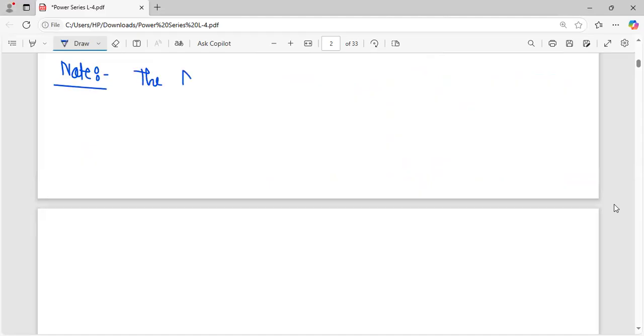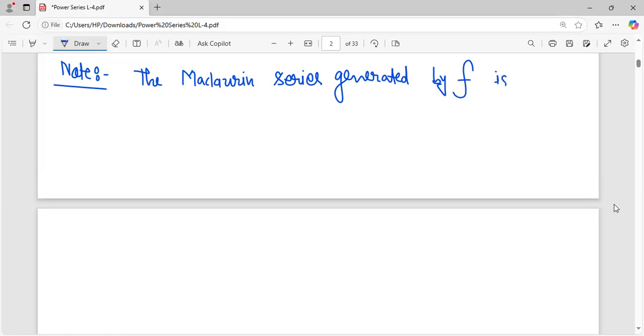The Maclaurin series generated by f is often just called the Taylor series.